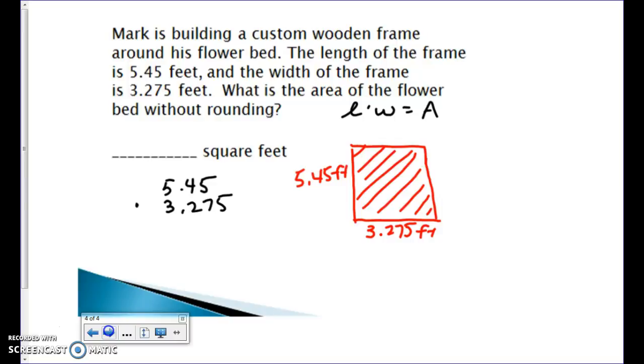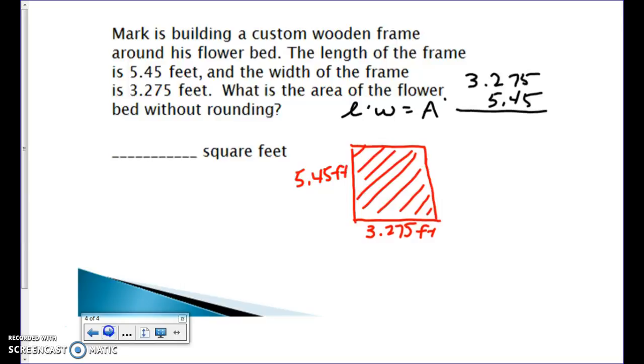3.275. Now, when Mr. Gillum wrote that down, he wasn't paying close enough attention. Even though 5.45 is bigger than 3.275, it's much easier if we write the one with the more digits on the top. I'm going to need some room, so I'm going to write it over here. 3.275 times 5.45. And on these, because it's multiplication, we do not need to actually line up the decimal point.